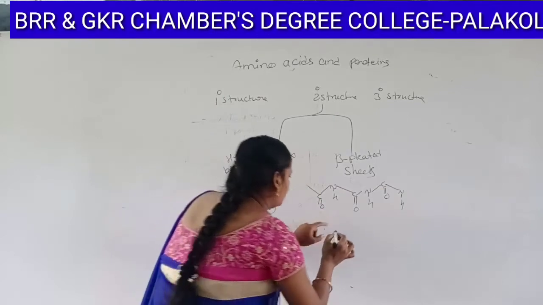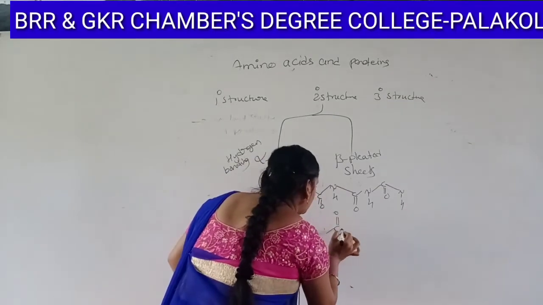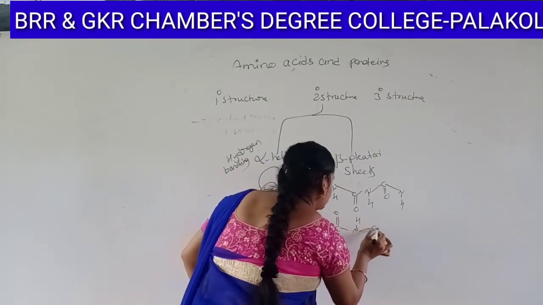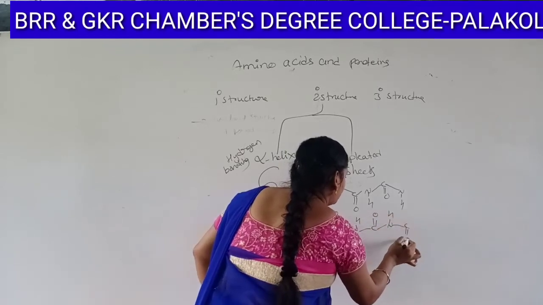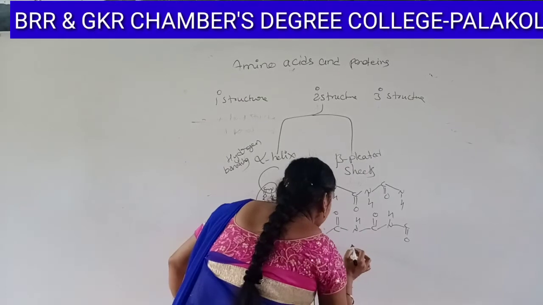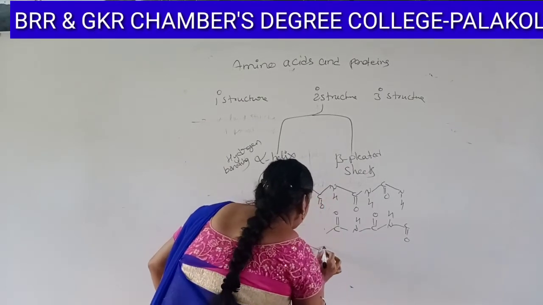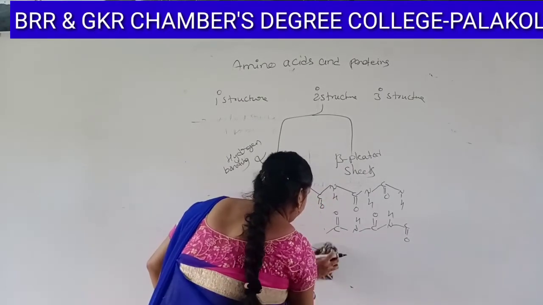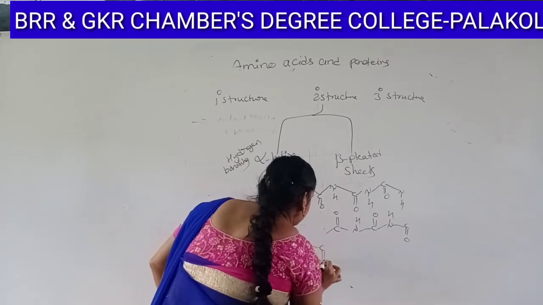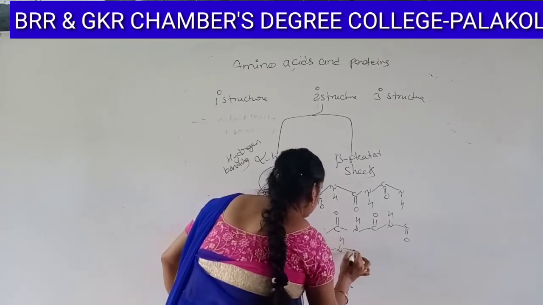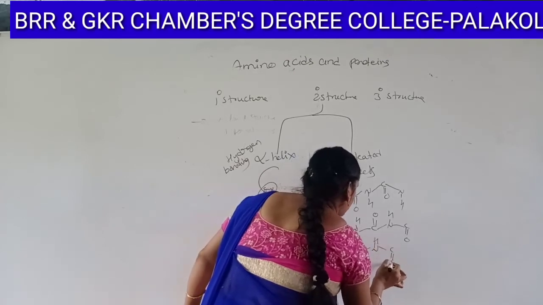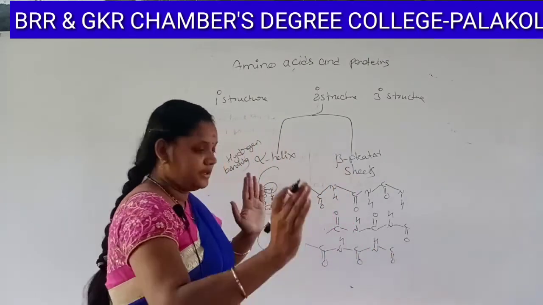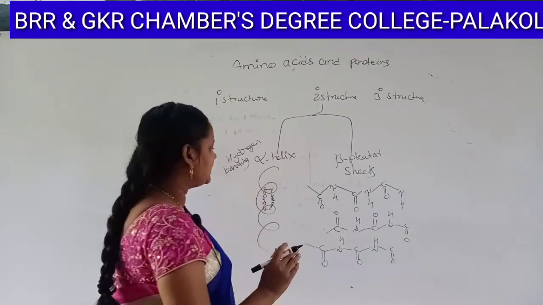Next, here NH, C double bond O, NH, C double bond O, NH, C double bond O, NH, like that. So they are arranged side by side.